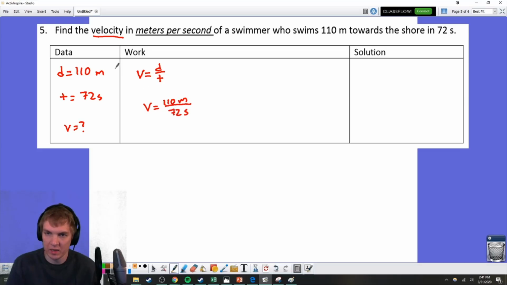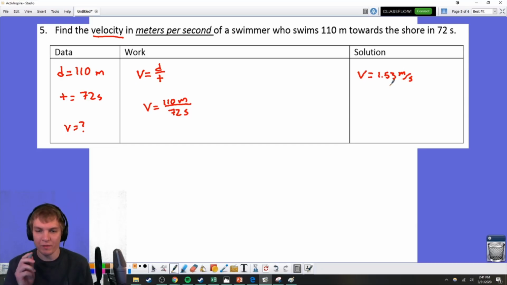So meters per second is the unit. All right, so if I put that into my calculator, I get a velocity of 1.53, rounding, meters per second.